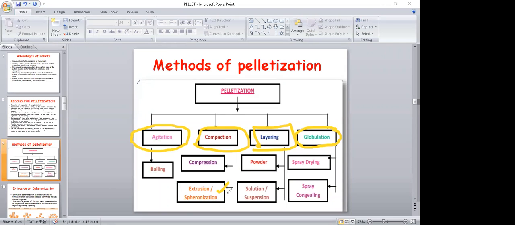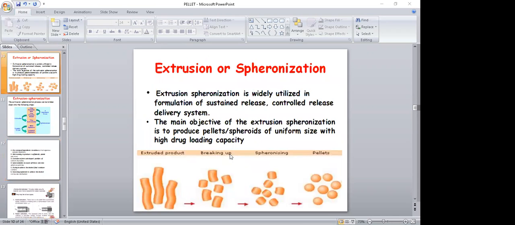Nowadays, extrusion and spheronization is the most widely used method for pelletization. In layering, we can go for powder layering or solution or suspension layering. And in the fourth technique, we can use spray drying or spray congealing for pelletization. These are the methods used for pellet formation. We will discuss them one by one in detail.